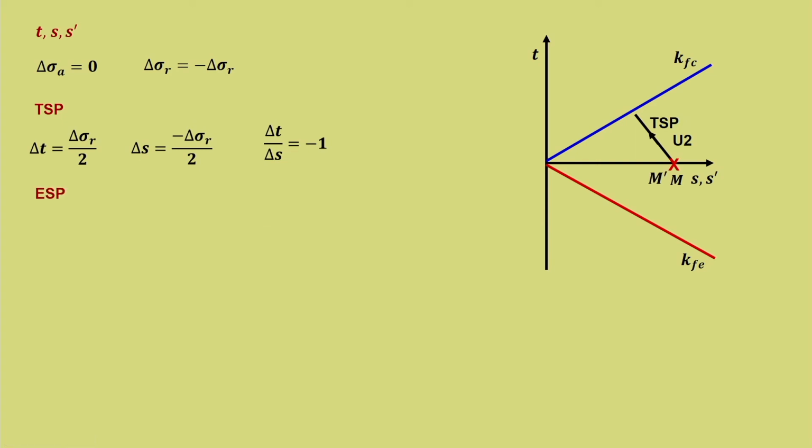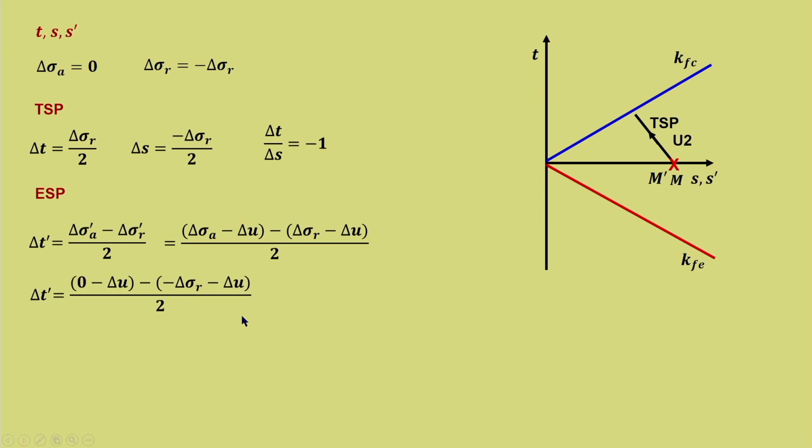Effective stress path, the initial point is the same because u naught is equal to 0. Delta t' is equal to delta sigma A' minus delta sigma R' by 2. Substitute in terms of total stress; yes, delta u, the expression is known. So, substituting for delta sigma A equal to 0, we get minus delta u minus, so that will become plus delta sigma R, and this will become plus delta u, that gets cancelled off.